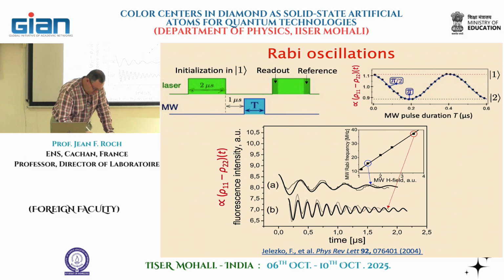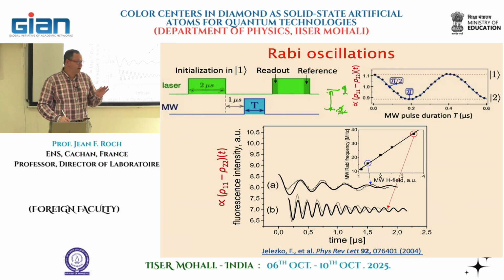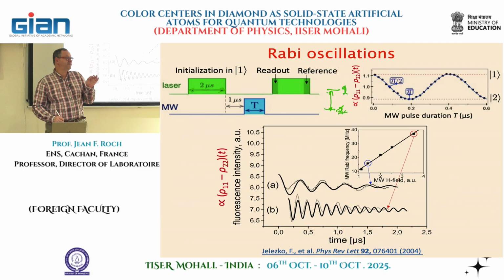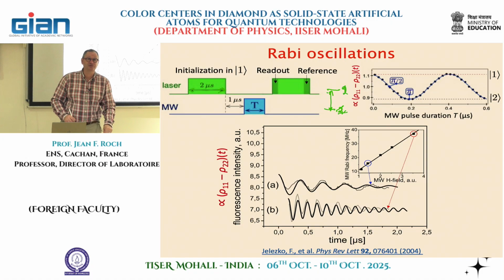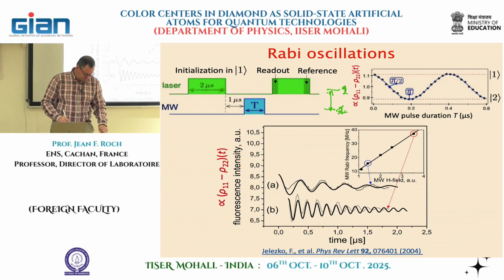So that will be here 1 and 2, or maybe 1 here and 2 here, and that will be the population difference. This readout by the intensity of luminescence is proportional to this difference of population.